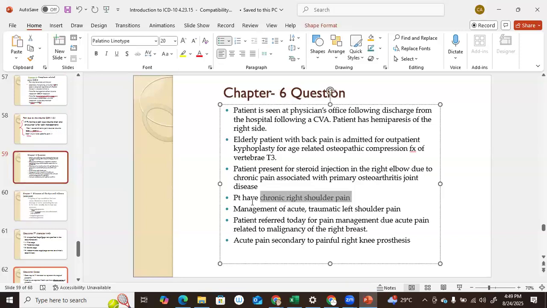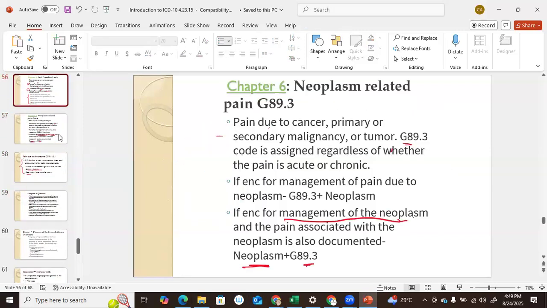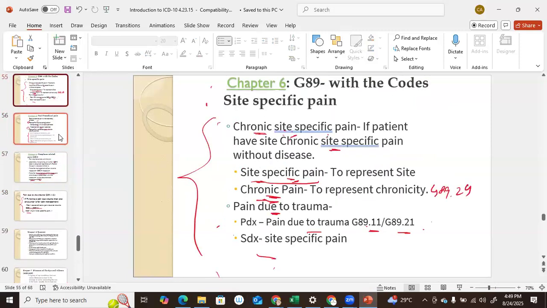Let's say the patient has chronic right shoulder pain. The question will be chronic right shoulder pain. Now just try to solve this question.